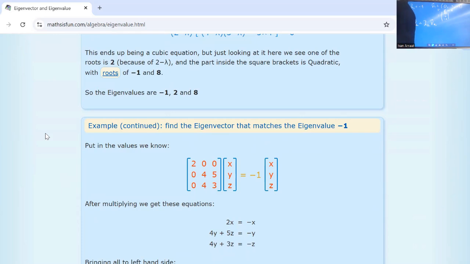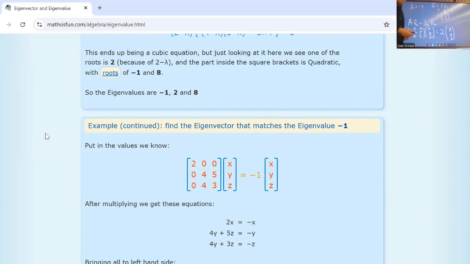The matrix again is 2, 0, 0, 0, 4, 5, 0, 4, 3. The vector x, y, z. The second eigenvalue is 2, so it's 2 times x, y, z. Like that. Then you display the equations.